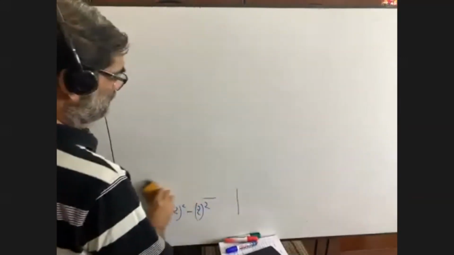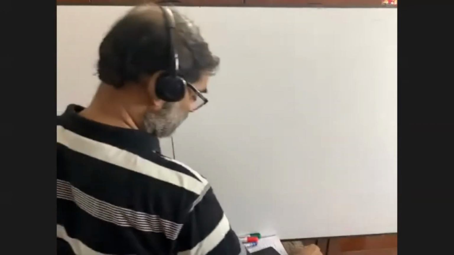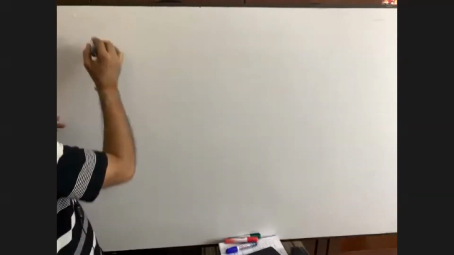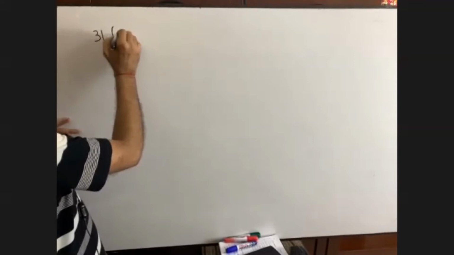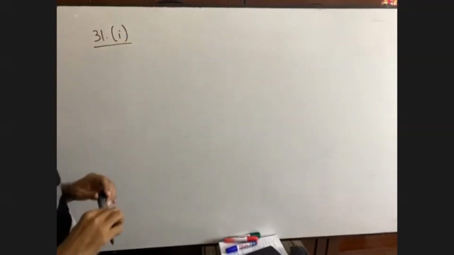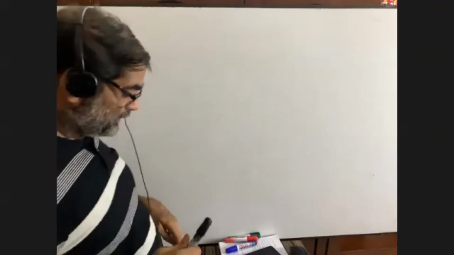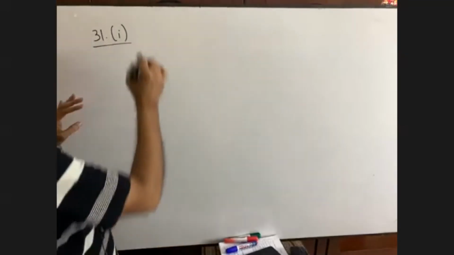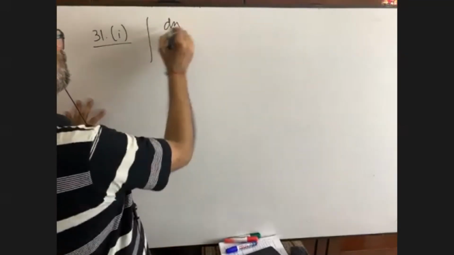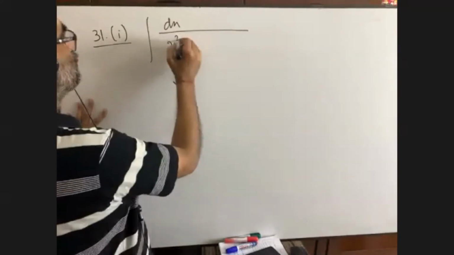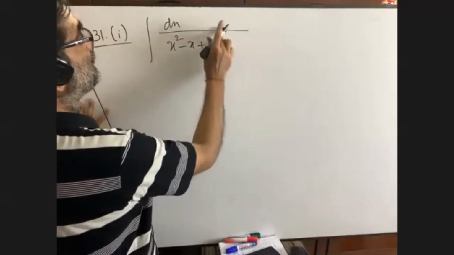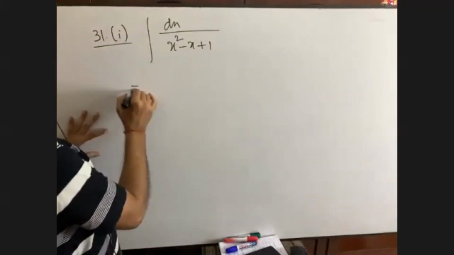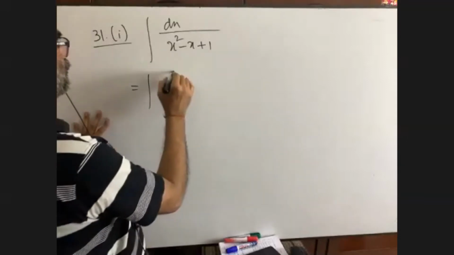Okay. Now going to the next math, question number 31. You see dx by x square minus x plus 1. What do we do?